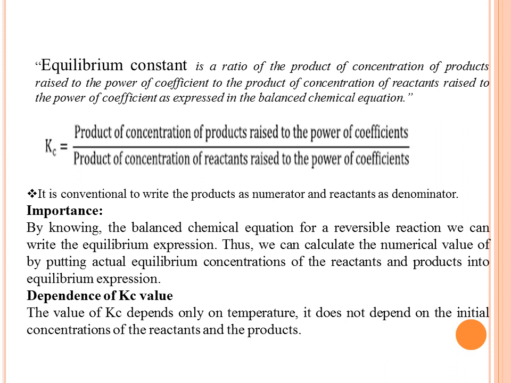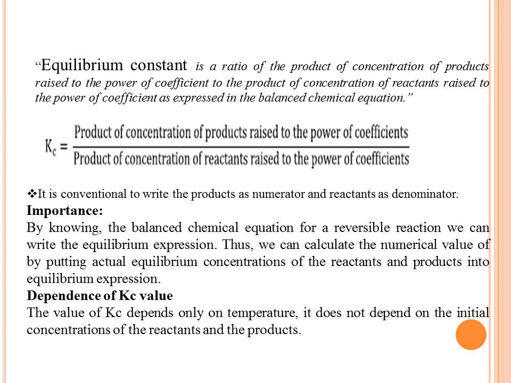And the number of moles present in the product will act as the raised-to-power coefficients. While in the case of reactants, we take the product of the concentrations of reactants, and the number of moles present in the reactants will act as the raised-to-power coefficients.